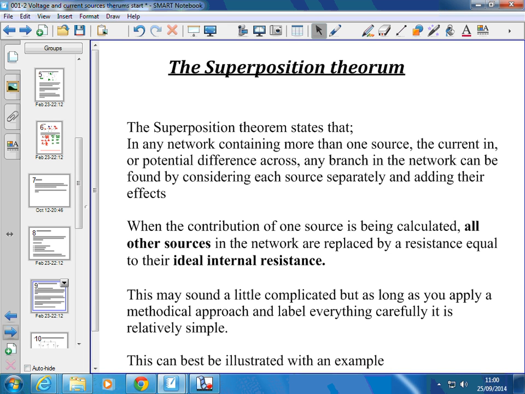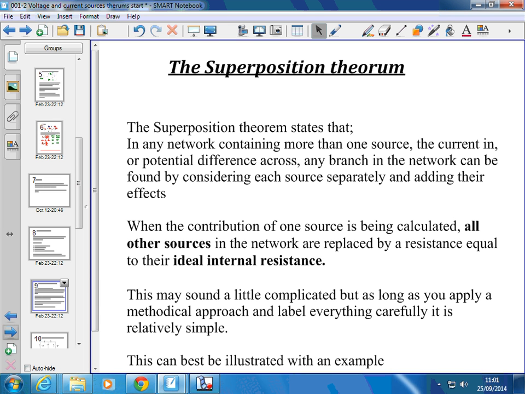When we look at the contribution of one source, E1 say, we replace all the other sources in that circuit with their ideal internal resistances. Remember I said that the internal resistance of either the current or voltage source was important.